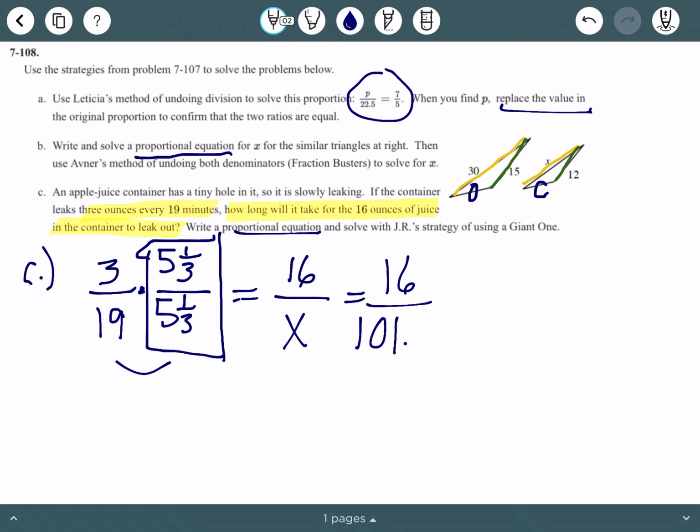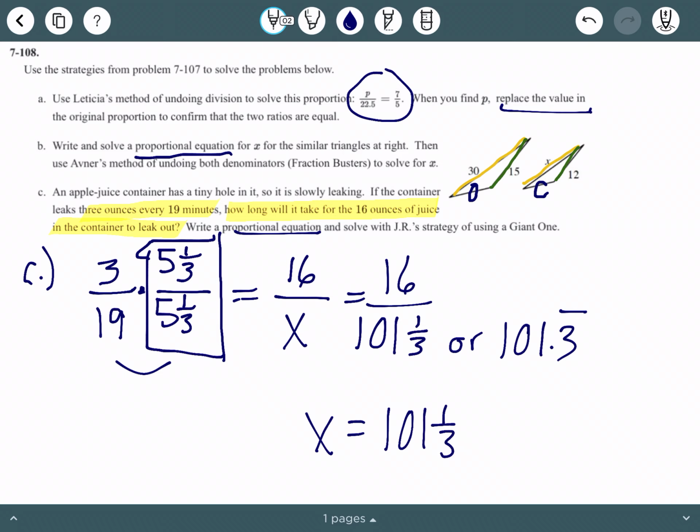We could just say 101 and 1/3, or you could say 101.3 repeating. That's fine too. So in this case, our x equals 101 and 1/3, or 101.3 repeating. All right, and that is all for 7-108.